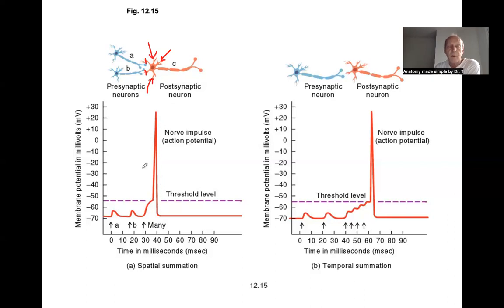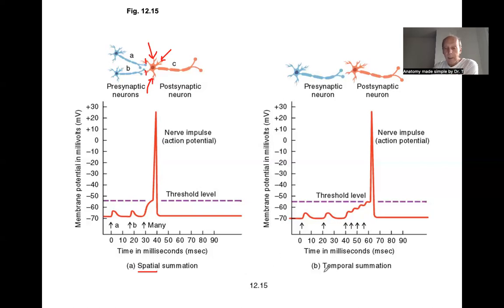This is what is called the spatial summation. Spatial, space, obviously, it is multiple neurons stimulating postsynaptic neurons simultaneously at once. They're coming from a different space, different direction. So hence we say this is the spatial summation that would result, if the threshold has been reached, with successfully generated action potential.